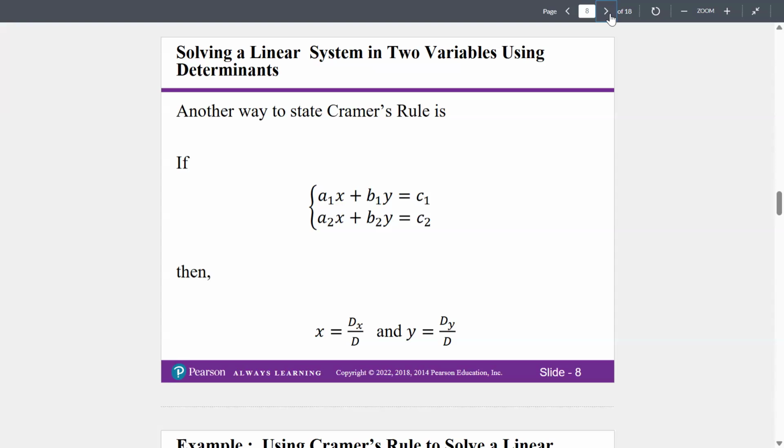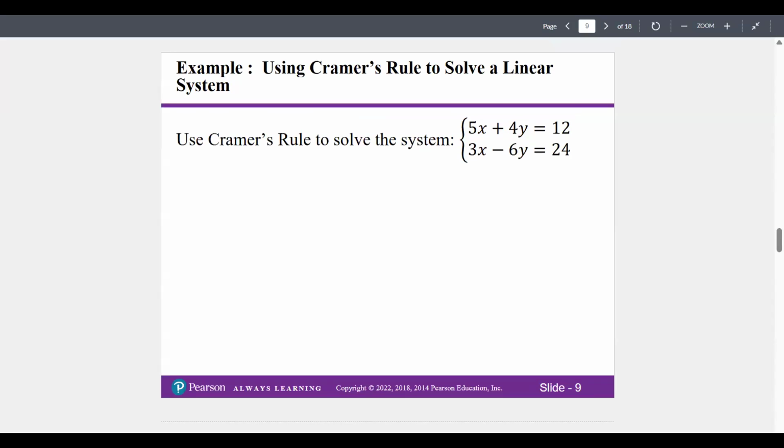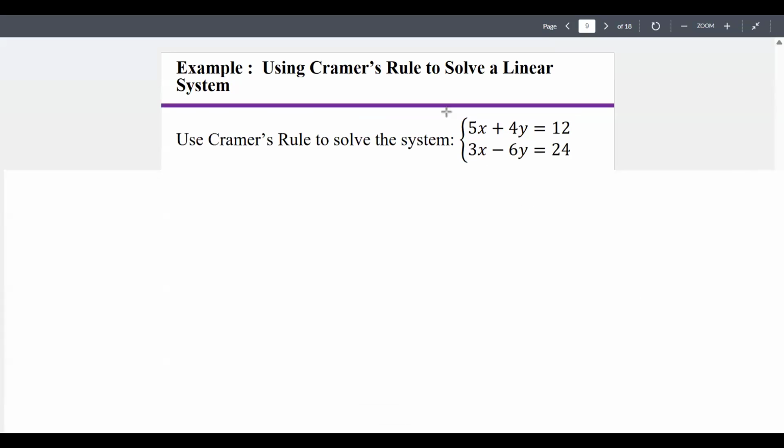I know this sounds crazy, but let's do an example here. Like I said, we need 3 different determinants, not necessarily matrices. So we want this determinant, which is a1, b1, a2, b2.